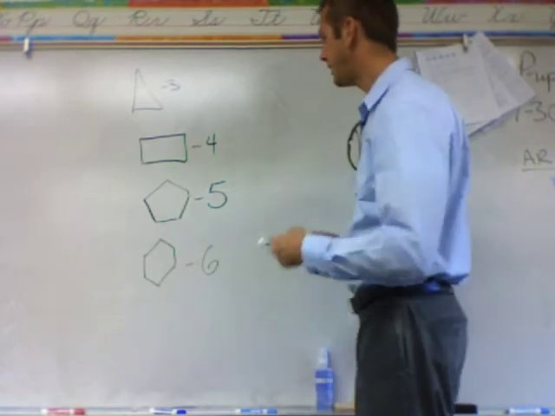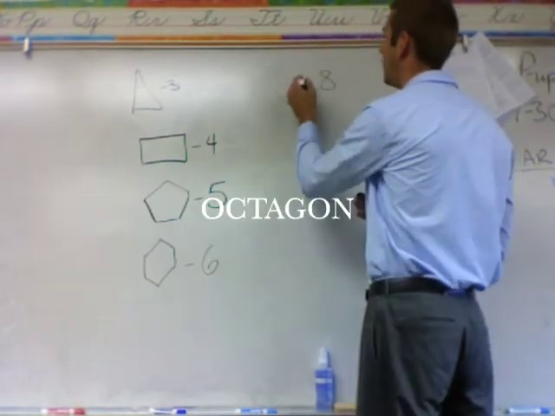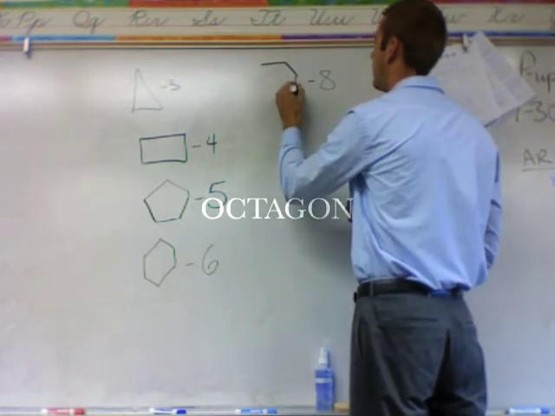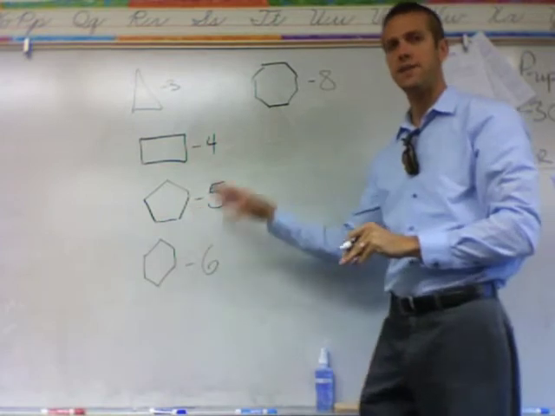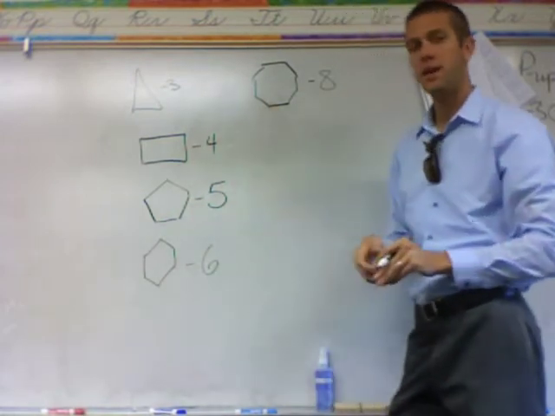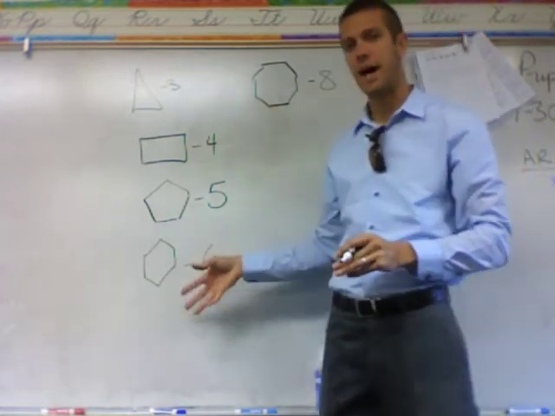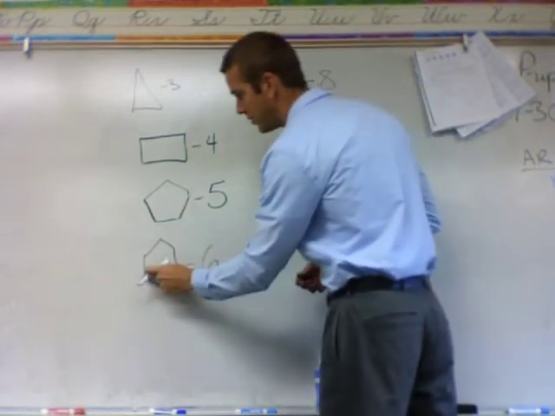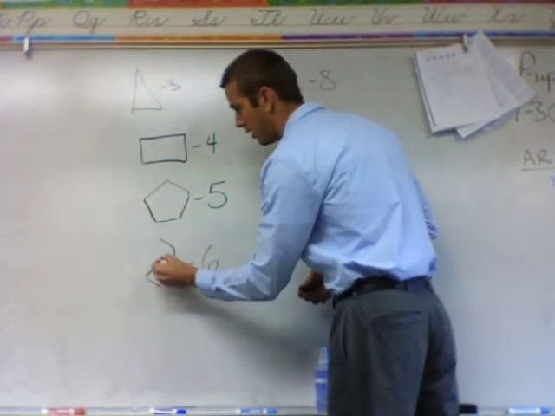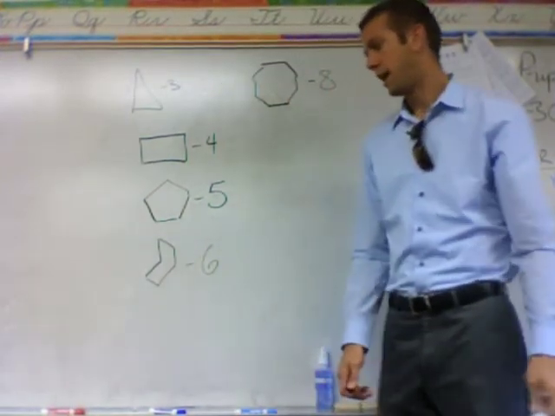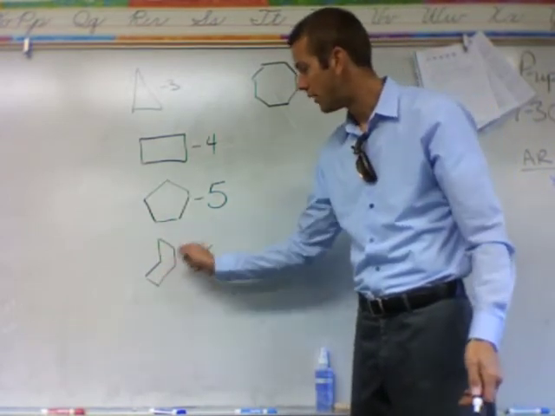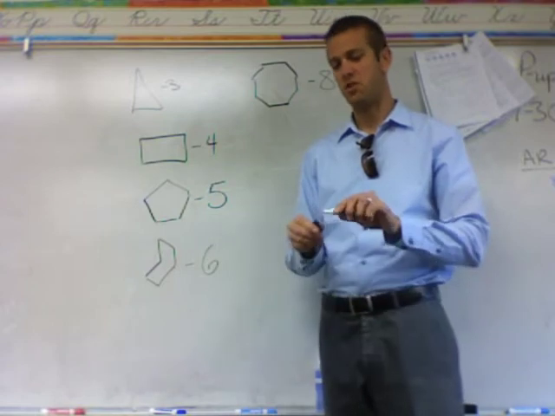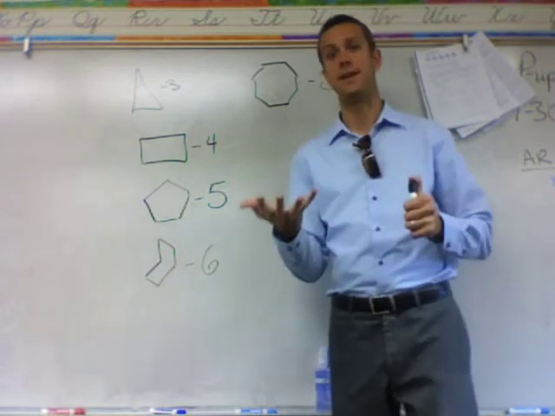Eight would be an octagon, like a stop sign. Now these don't have to be in these same forms. They just need that many sides. I could have drawn this hexagon like this. Now that is a hexagon: 1, 2, 3, 4, 5, 6 sides. I'm just drawing the typical ones that you usually see.